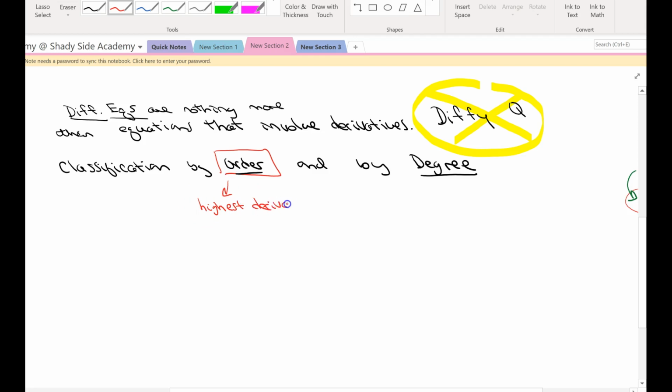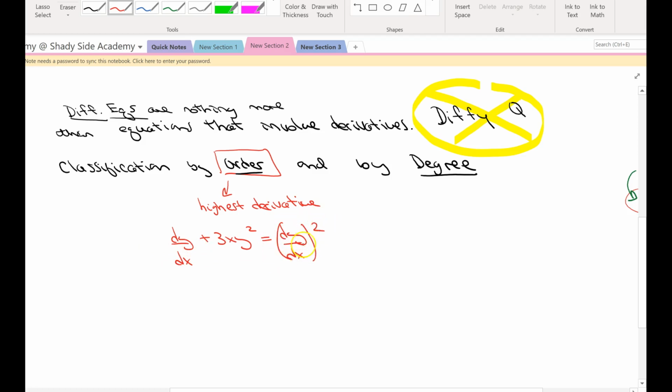Okay, and so, for example, if I gave you this equation here, dy/dx plus 3xy squared equals (dy/dx) squared, for example, this DiffyQ here is of order 1. All right, it's of order 1 because the highest derivative you see here is the first derivative.